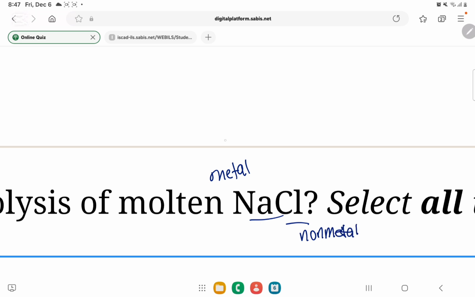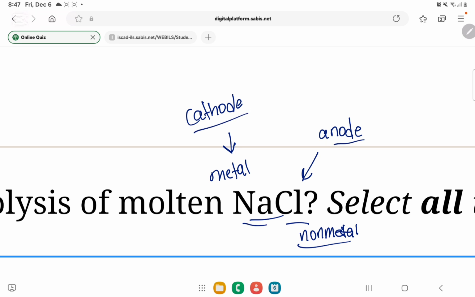So Na would be at the cathode, and Cl would be at the anode, because again, the non-metal is at the anode and the metal is at the cathode, and we would have oxidation with Cl, so electrons would be in the products, and we would have reduction with Na, so electrons would be in the reactants.